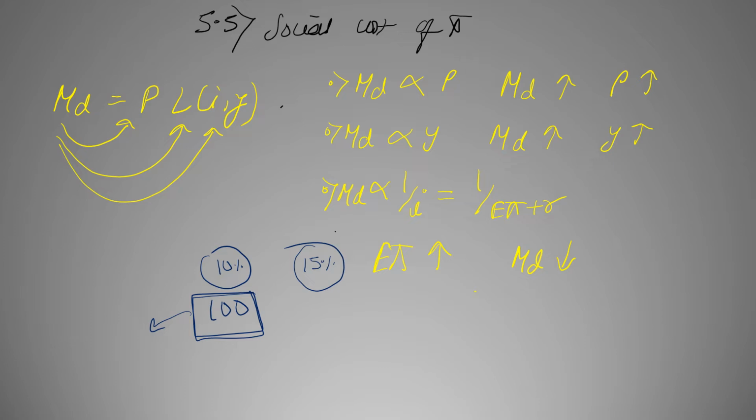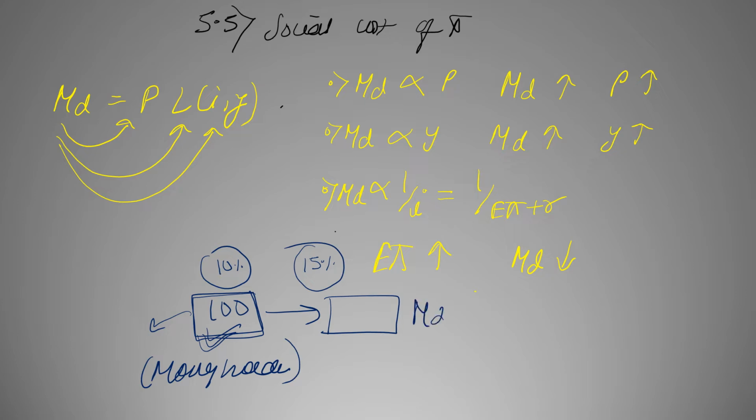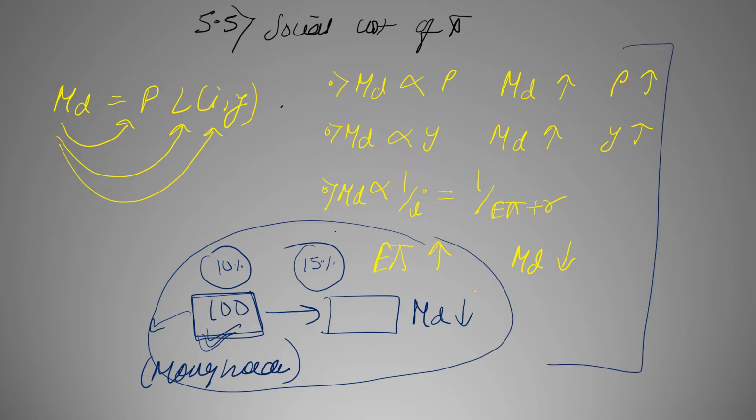At least you'll get some money and you'll not be required to pay the inflation tax which is imposed on money holders. This depositing in bank will decrease your current money demand, and this is how it's related. So this was the part that we learned in the previous video.